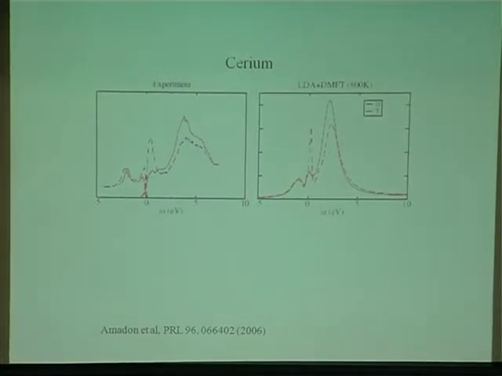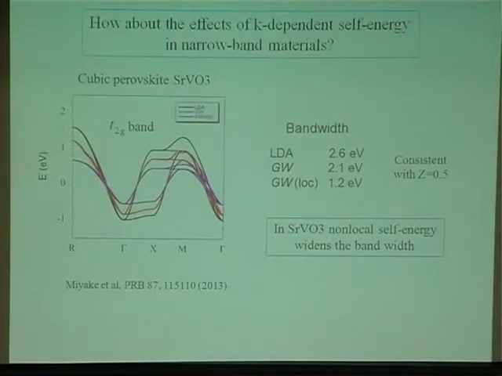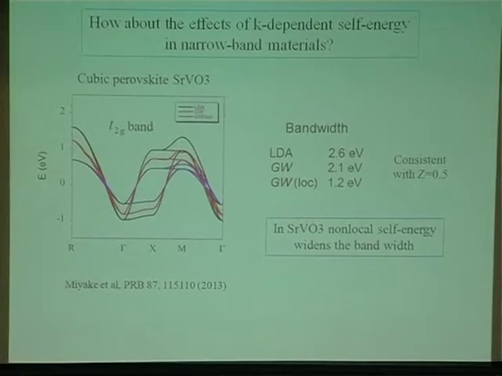And what we would like to do then perhaps is to make combinations between GW and DMFT to be able to describe the electronic structure of strongly correlated systems. Now, DMFT is a local self-energy.